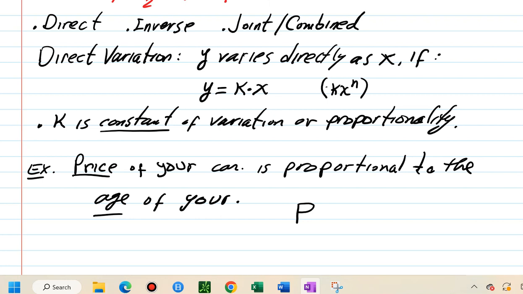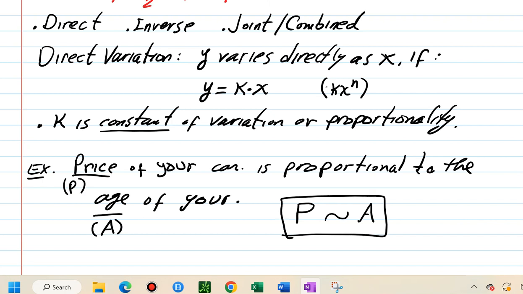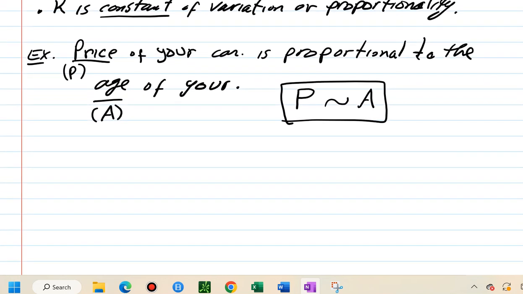So I can say price P, and then I'm using this symbol as a proportionality symbol, is proportional to A if I call A the age of the car and P the price. So I can write it in this relationship like this. When two things are proportional, that means if you take the ratio of them, in this case say P divided by A, that ratio actually approaches 1.